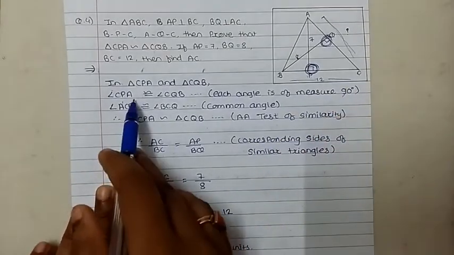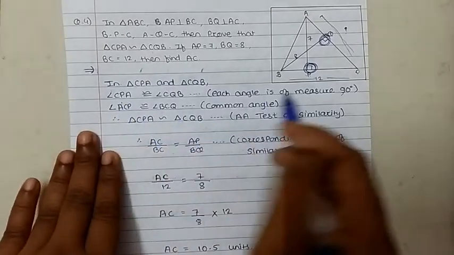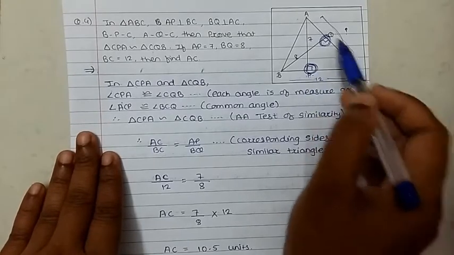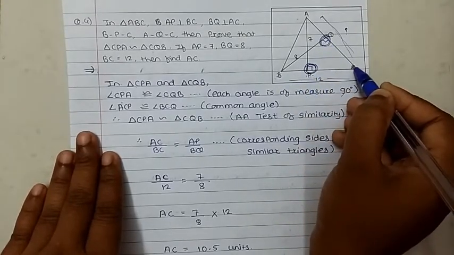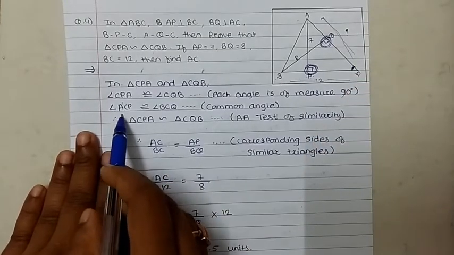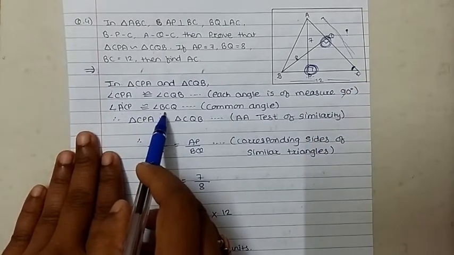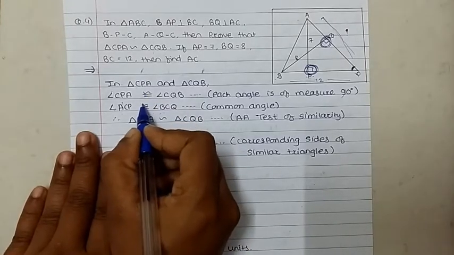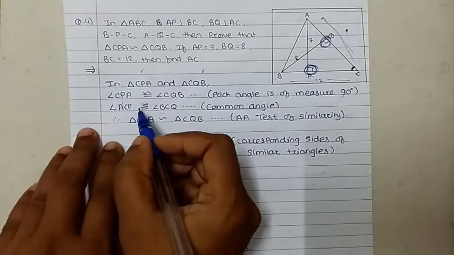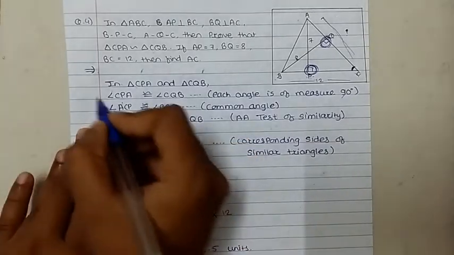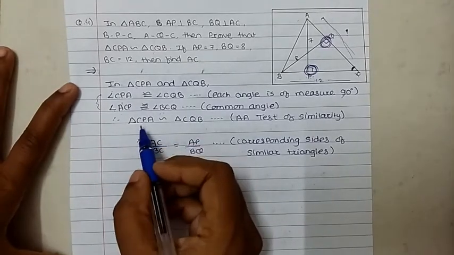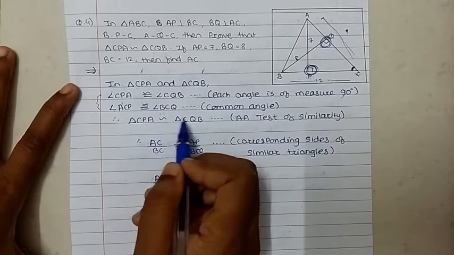Now when we consider triangles CAP and CQB, the angle C is common here. That is, angle ACP and angle BCQ are congruent because they are the common angle. Clear? So by using the AA property, because two angles are equal here, we can say that these two triangles are similar triangles.